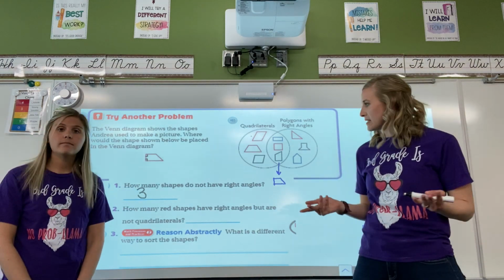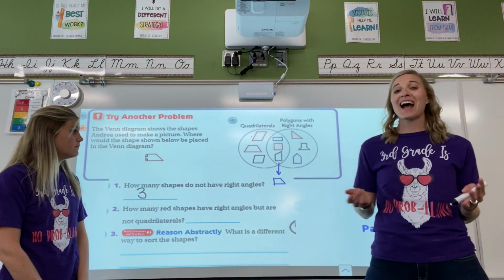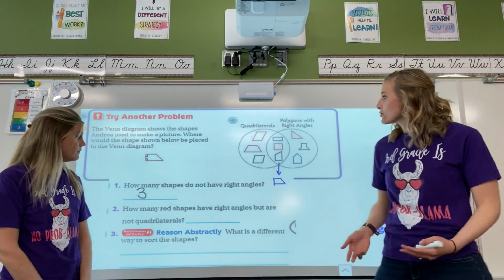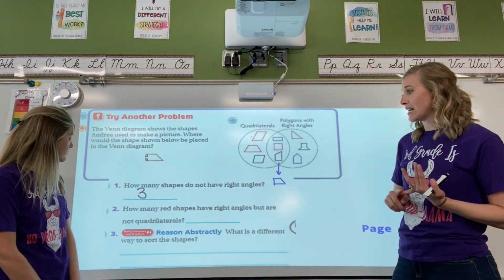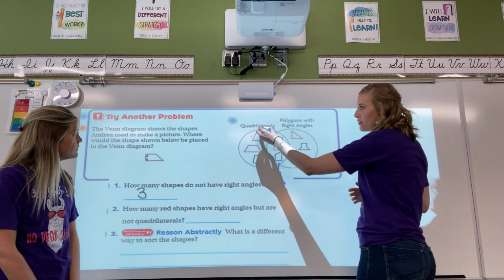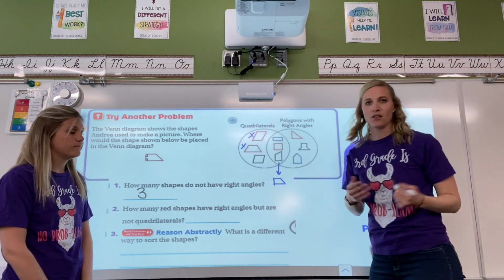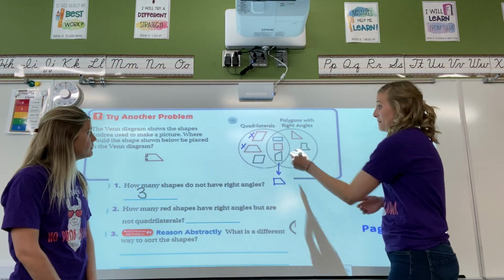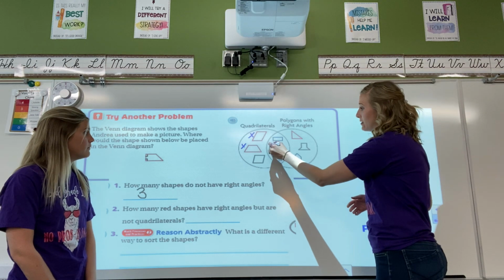Number 2, it reads, how many red shapes have right angles but are not quadrilaterals? So I'm looking at my shapes that are red, and I want to see how many of them have right angles but are not quadrilaterals. Well, these are quadrilaterals, so I know that they can't be those shapes at all. This one has right angles, but it is a quadrilateral.